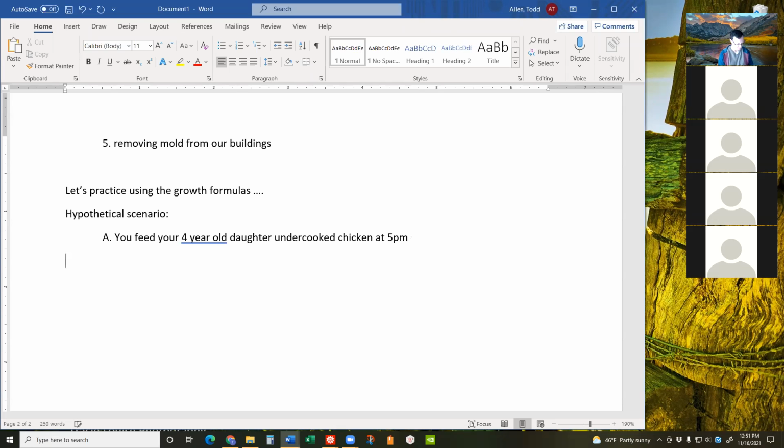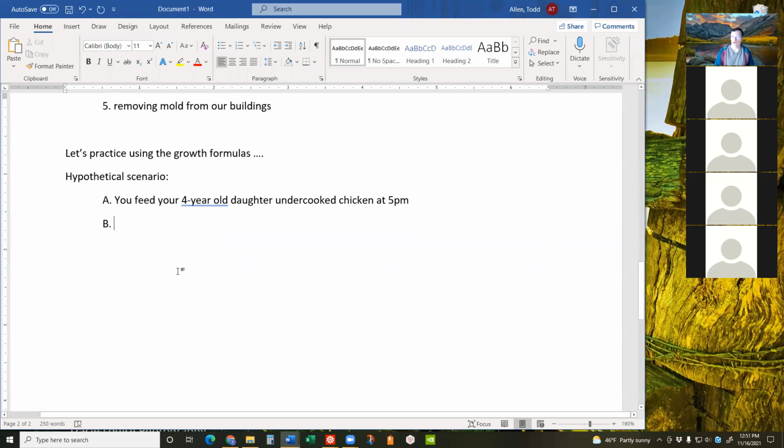Early evening, right? And because we have magical things we can do in hypothetical scenarios, let's say that you happen to know that the chicken that you fed to your daughter at 5 o'clock was contaminated with 1,000 cells of Salmonella typhimurium bacteria. Well, this is a common food poisoning bacterium found on chicken, okay?